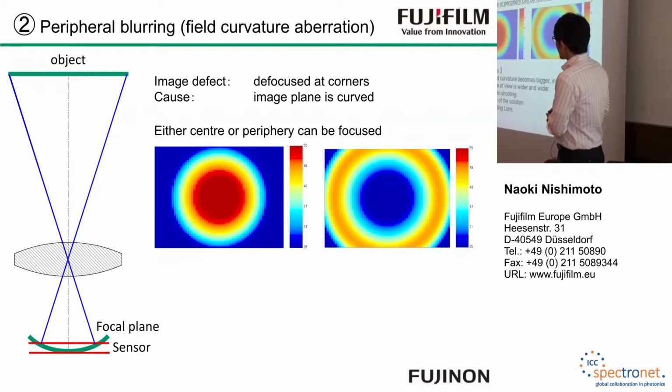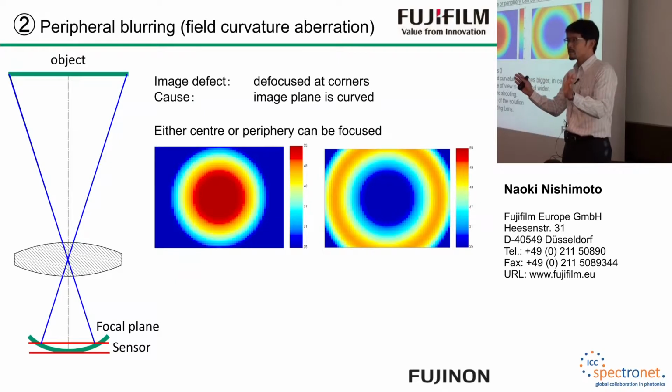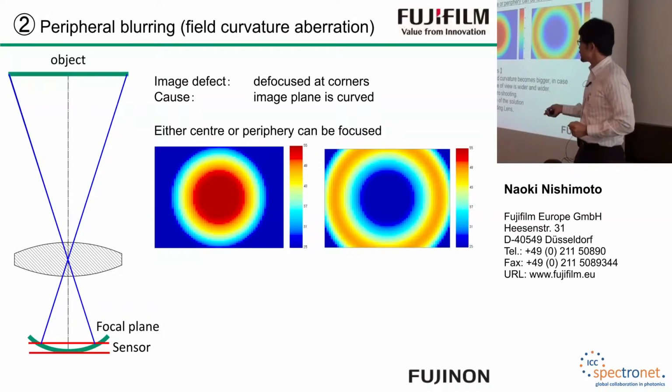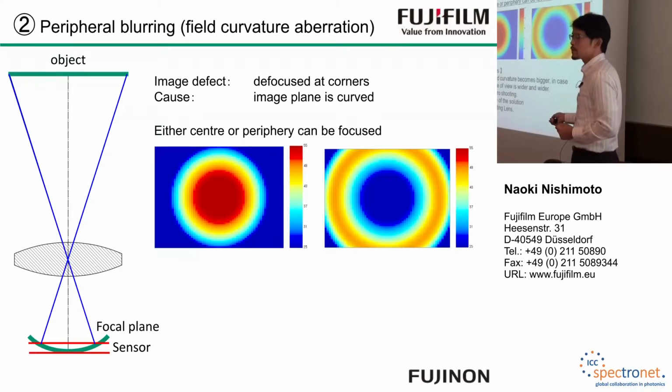And here, there are some notes. Field curvature aberration becomes bigger and bigger when we use a wider angle lens. As the angle gets wider and wider, this aberration gets bigger and bigger. And also macro shooting.